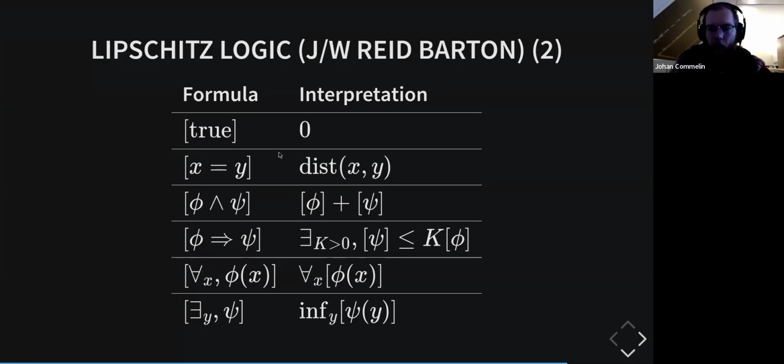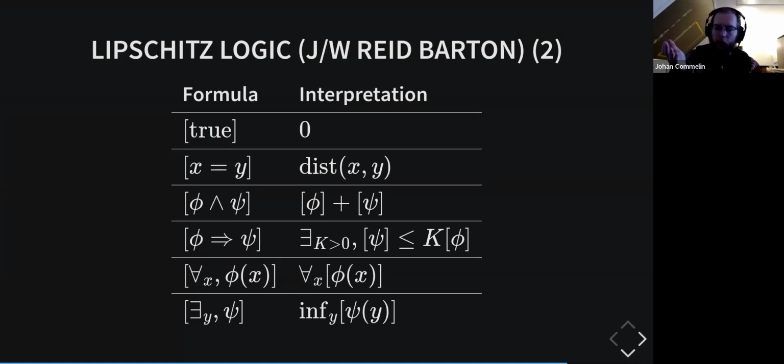And so the next example should really motivate that. So now we have a space with 2 points, x and y. The formula x equals y is going to be mapped to the function on the product space x cross x that takes the real value, the distance between x and y. And so it's going to be a landscape with a river exactly along the diagonal.